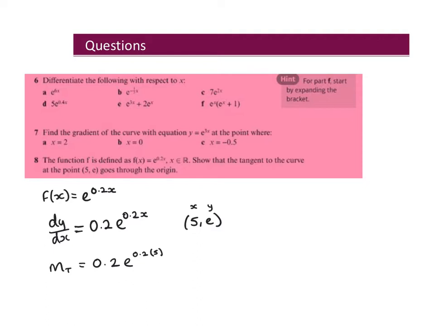So e to the power of 1, what is e to the power of 1? It's just e. So that means that the gradient at that point is just 0.2e.